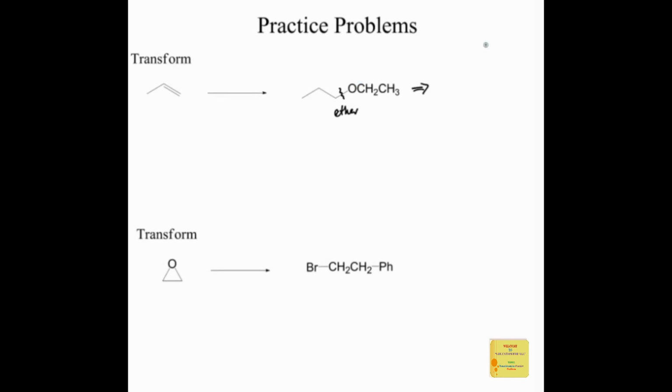We could disconnect in either direction, and because these are both primary, they will both work. So this is a reasonable possibility in either direction. Okay, we can maybe look at both syntheses. Either this is our alkyl halide and this is our alkoxide, or this is our alkoxide and this is our alkyl halide.